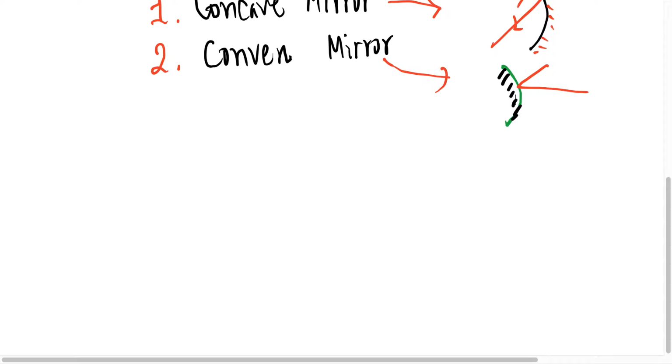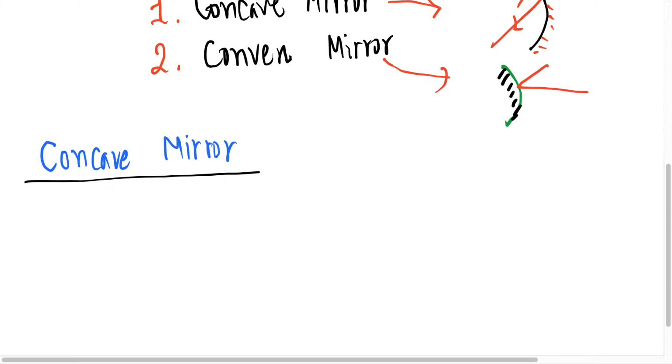Now, suppose you have been given a concave mirror. This is my concave mirror. Given a concave mirror, you know that its outer side is polished. So this mirror must have been obtained from cutting a section of a sphere.